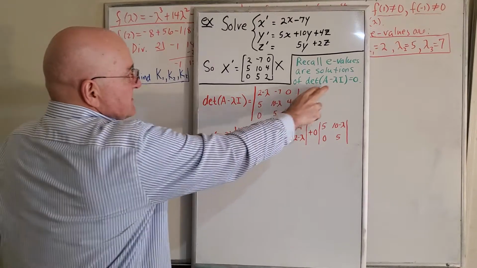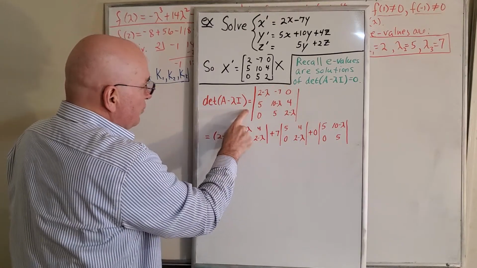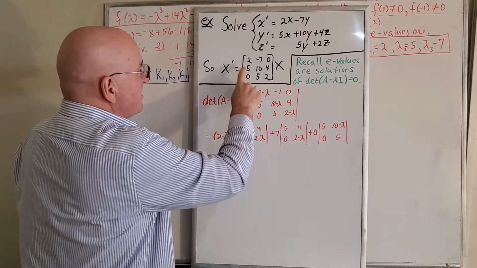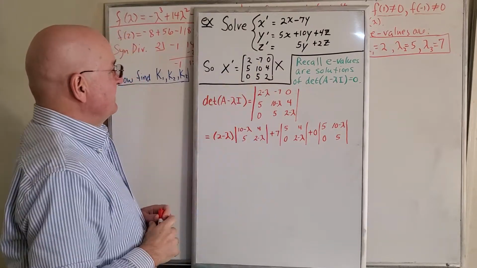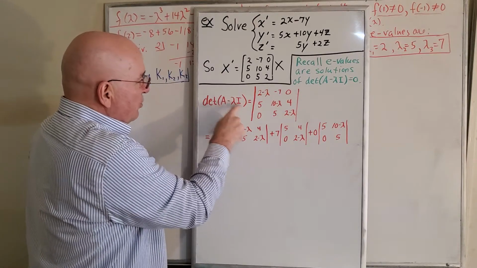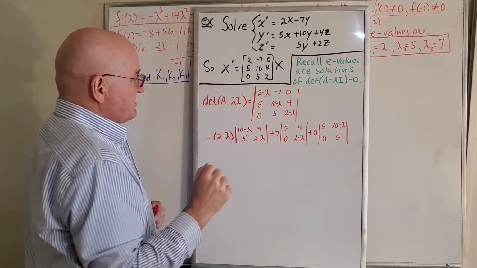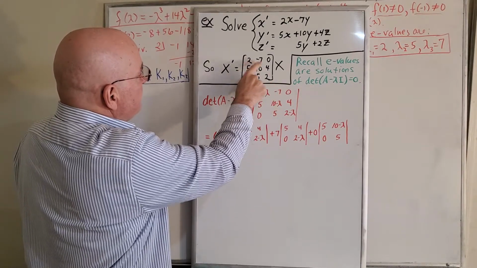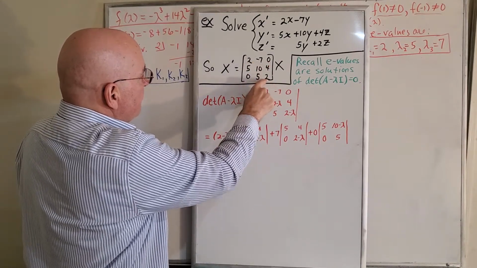So this left-hand side is equal to, and notice most of the terms are exactly A. But in subtracting this only on the diagonal terms, everywhere else we're subtracting 0. So on the diagonal terms, you just put 2 minus lambda, 10 minus lambda, 2 minus lambda.